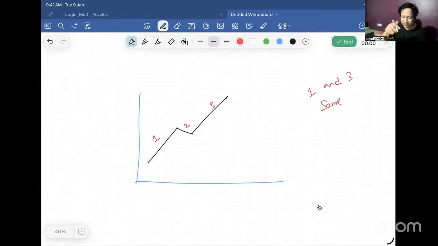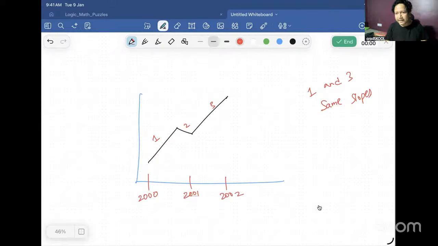Okay, थोड़ा सा ऊपर नीचे हो गया होगा, रफ ड्राइंग कर रहा हूं मैं, बट अगर सेम स्लोप्स हैं, और क्वेश्चन बोला गया कि व्हाट इज द... अच्छा एक और कर देते हैं यहाँ पे, लेट्स से दिस इज 2000, this is 2001, and this is 2002. So if they ask year on year, which year showed the highest growth in terms of percentage, in whatever, in rate of growth or whatever.